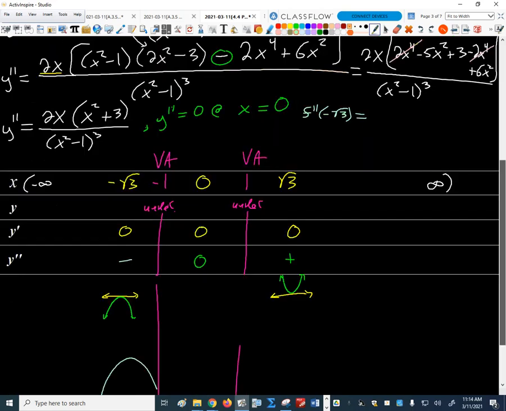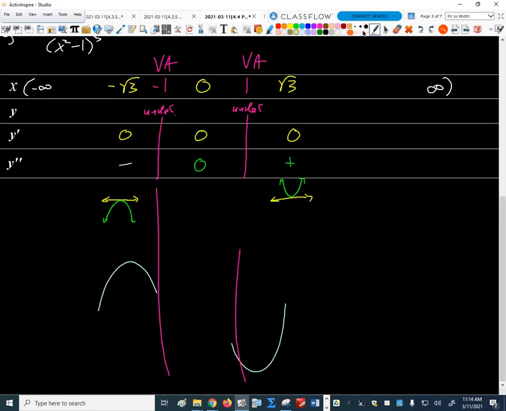Okay, but what's the problem with this guy here now? I mean, it's not a problem, but what do we have to be? We have to pick test points, but where would the test points have to be located? Okay, good, right.